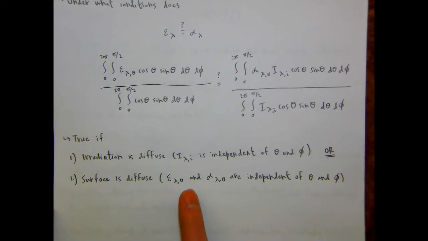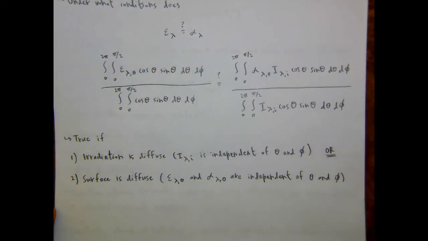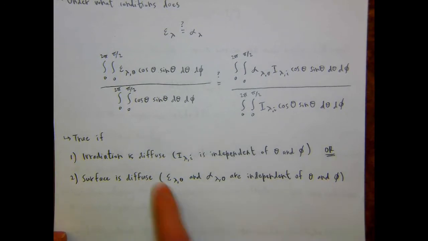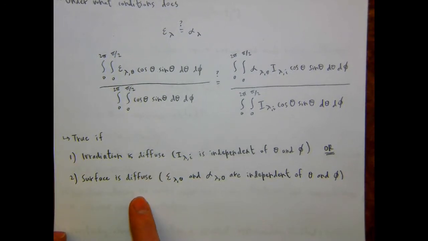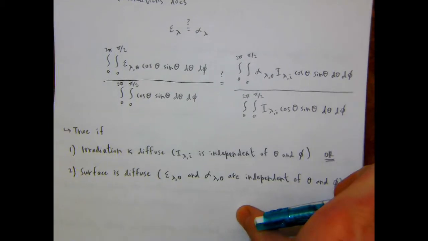And we showed how that was true by writing out the integral forms of these quantities here. So basically now we've shown the spectral emissivity and absorptivity are equal if the irradiation is diffuse or the surface is diffuse. And we're going to finish developing this concept of the gray surface and show how we can state when the total emissivity and absorptivity are equal. So that's where we'll start today.